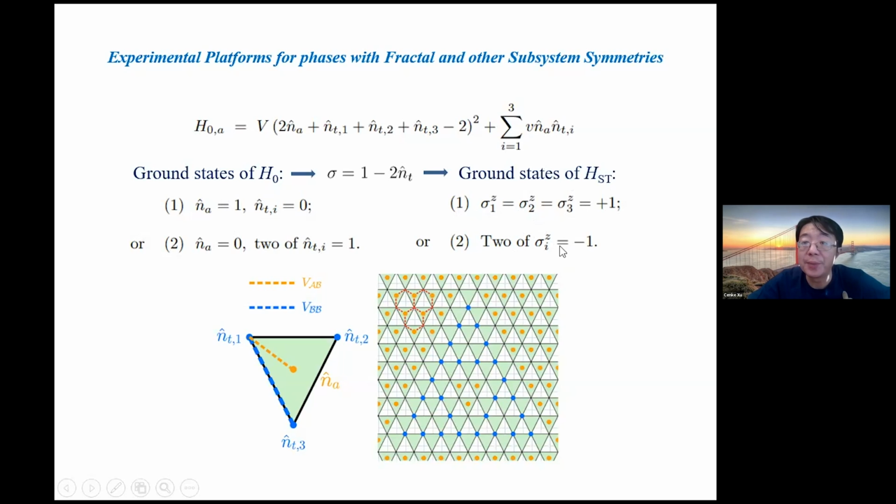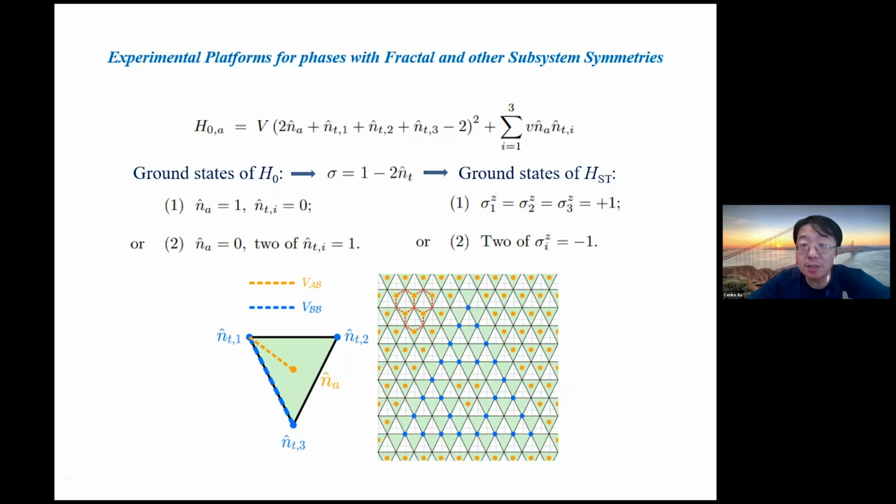That means the degenerate ground states of this Hamiltonian can be one-to-one mapped to the degenerate ground states of the Sierpinski triangle model with the three-body interaction, through the mapping sigma = 1 - 2n. Okay, is that clear? These two models have the same ground states.